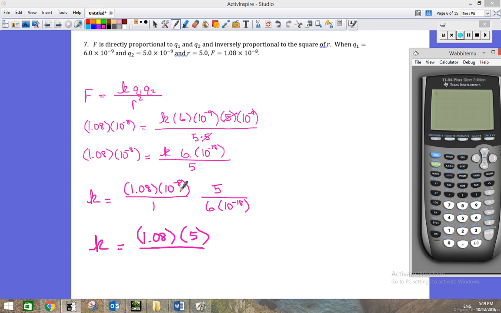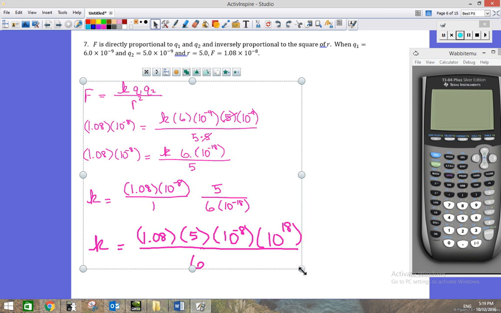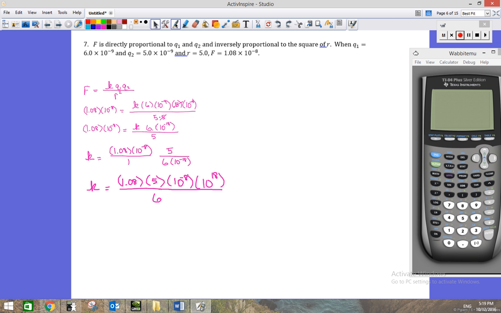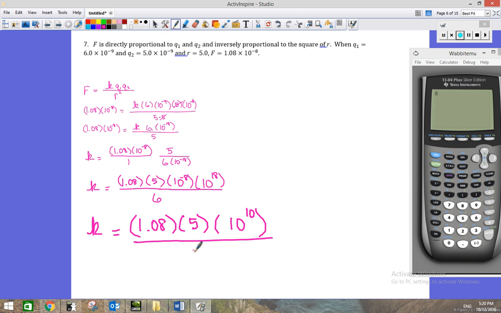The 10 to the negative 8th, let's leave that here for a second, because this is a negative exponent, I can move this up to the numerator and make it positive, and when I add these exponents together, what do I have here? 1.08 is going to get multiplied by 5, and this 10, I add these exponents together, 18 plus a negative 8, 10 to the 10th power, and all of this is divided by 6.